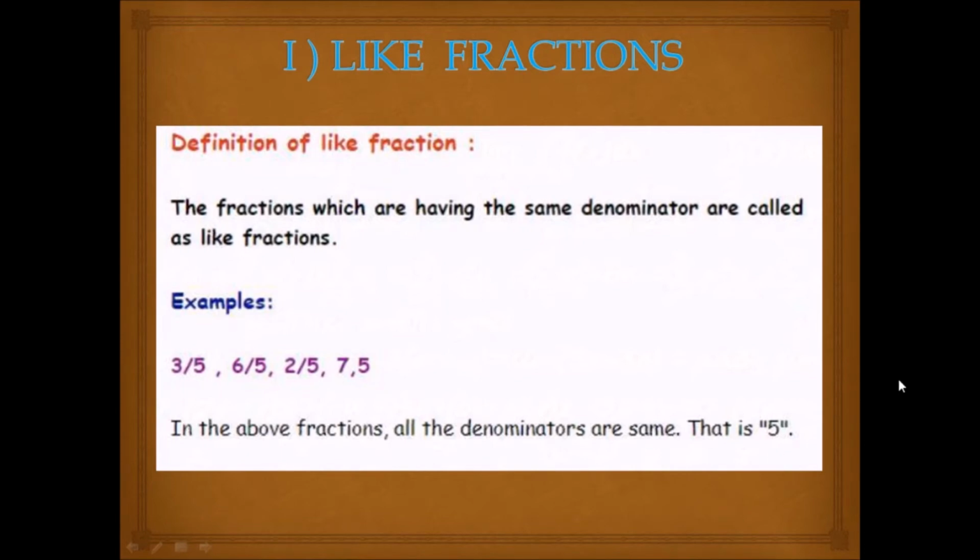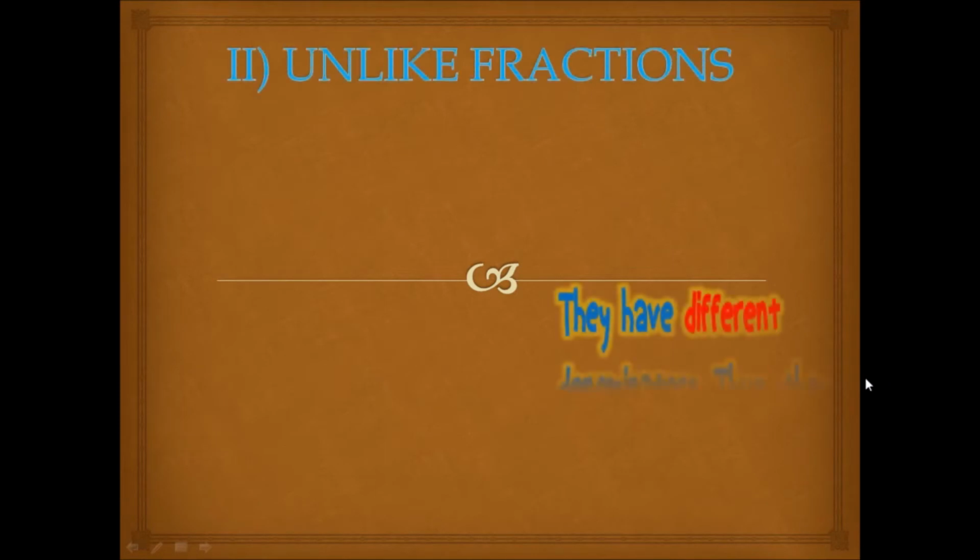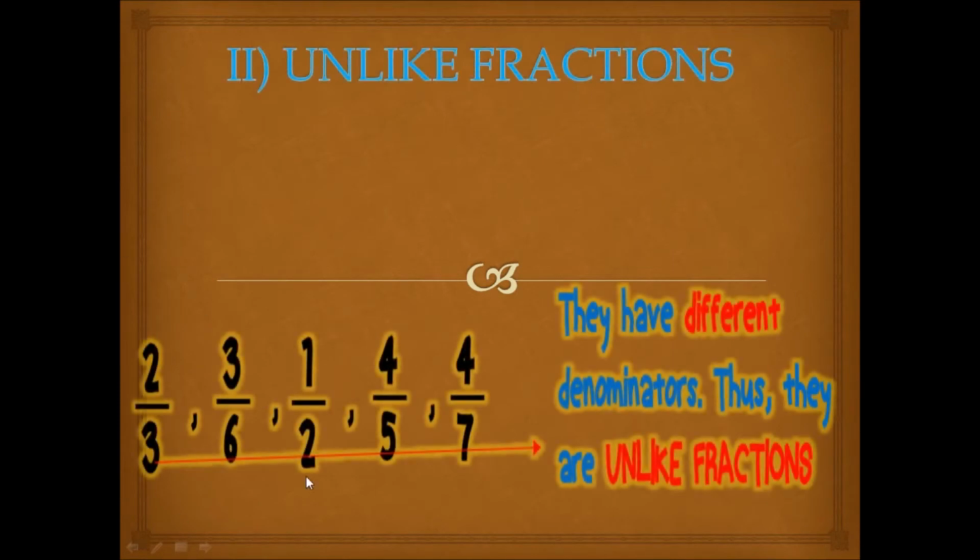Now we'll see unlike fractions. Unlike fractions are opposite to like fractions. I hope you have already understood that. So this group of fractions are unlike fractions. Why? 2 by 3, 3 by 6, 1 by 2, 4 by 5, 4 by 7. Numerator, as usual, does not matter. Denominators matter here.